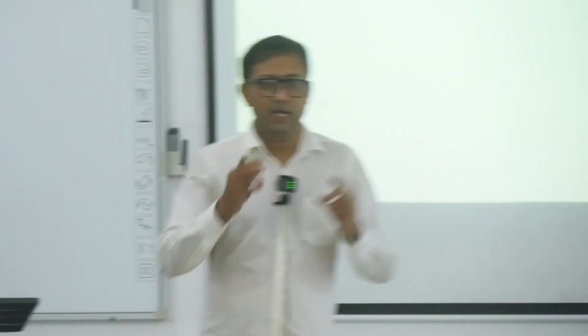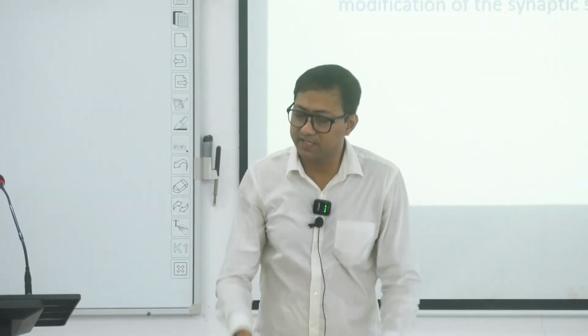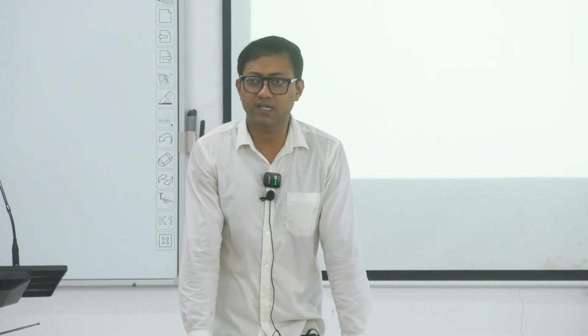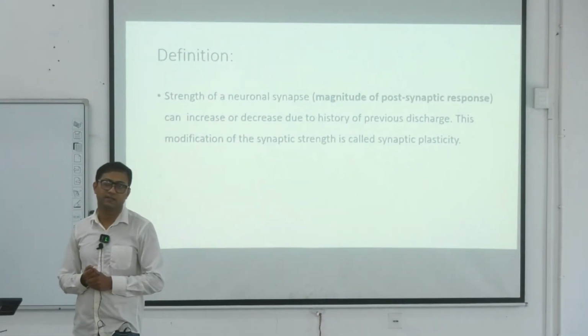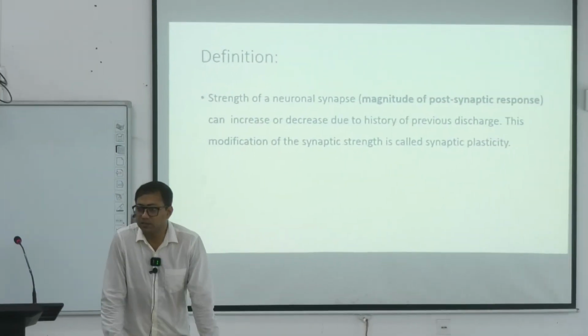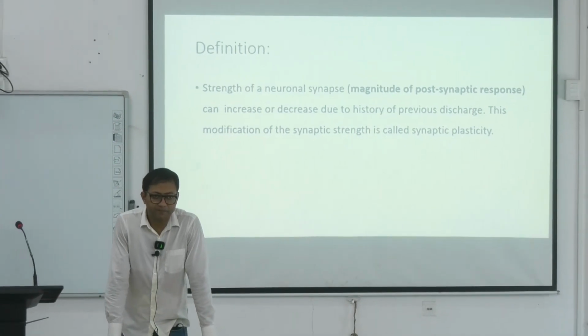A very simple example: our neuronal connections in the cerebral cortex are so complex, right? Nobody knows exactly how the neuronal connections are there in the cerebral cortex. And it is thought the strength of a synapse, the junction between two neurons, is the hallmark of your memory, right?